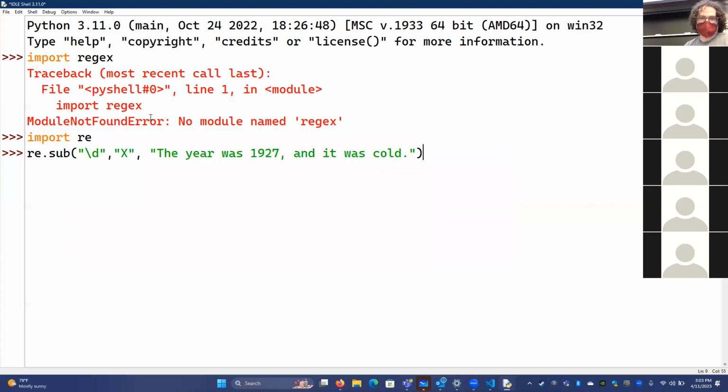Okay, I just made up some nonsense there. So we've got our target, and we're going to say look for any digit in there and replace it with X. And it does it. The year was XXXX, and it was cold. Which can be any year if they're all cold.